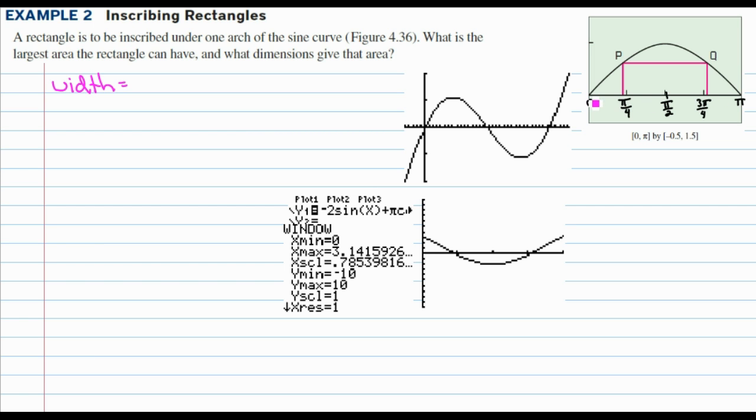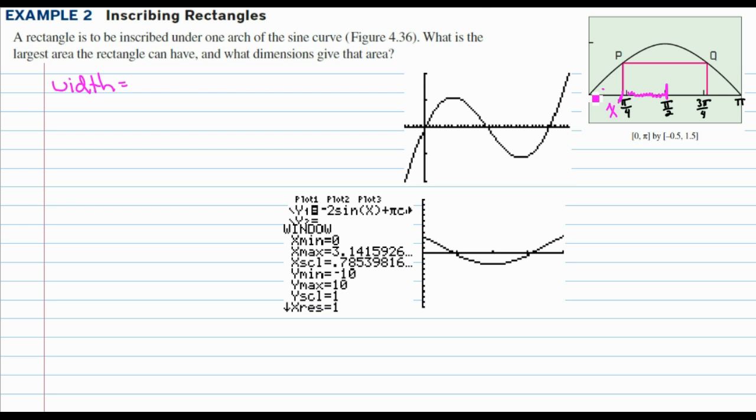So what I'm going to do is look at it in terms of any x value on the x-axis. So if I call this value right here x, the distance between the center of this rectangle and that x value is pi over 2 minus x.